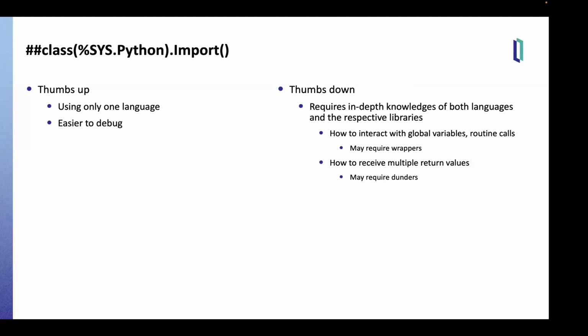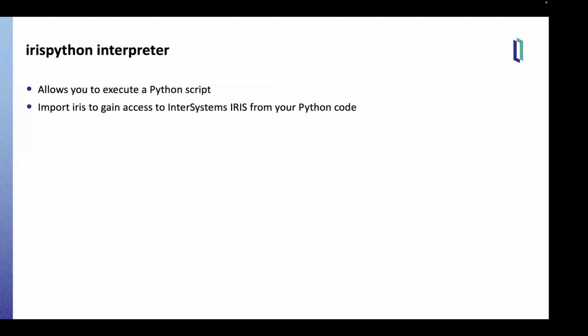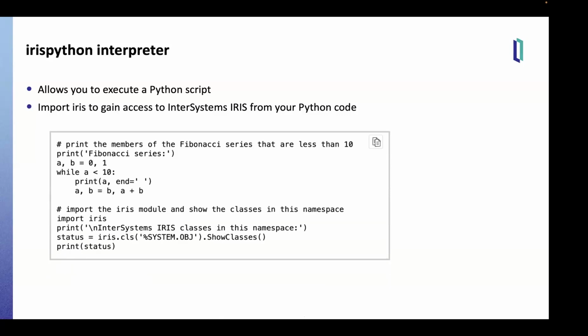That can be challenging. Making use of the Iris Python interpreter is the third way you can interact with Python. It allows you to execute a Python script that you have on file. You can use import iris as a statement to get access to InterSystems Iris libraries. And here's a very simple example of how you can do this.